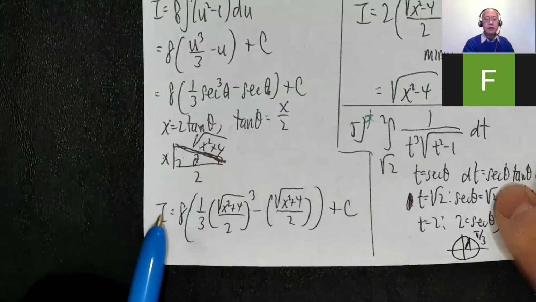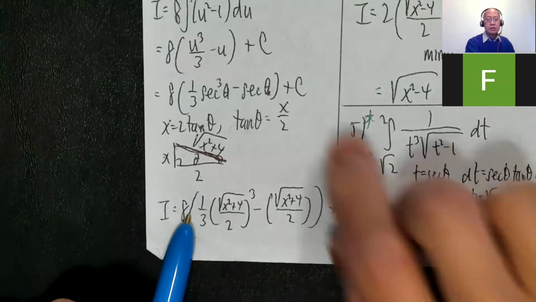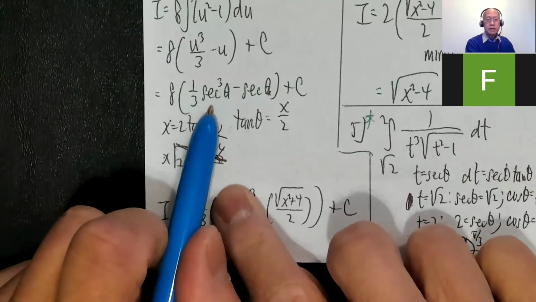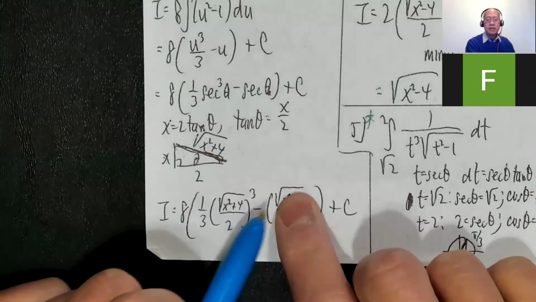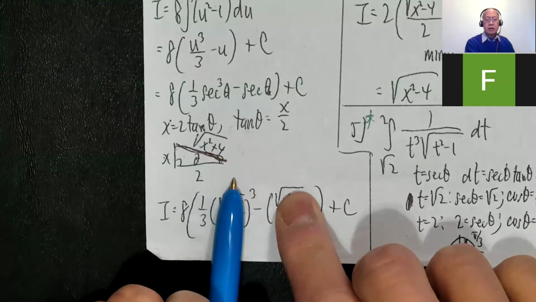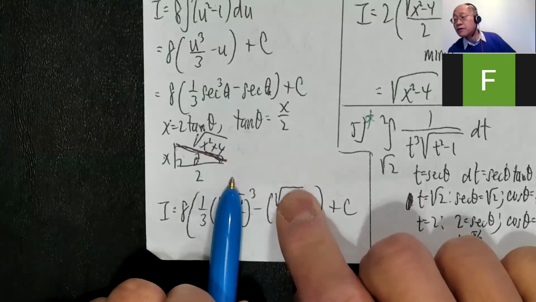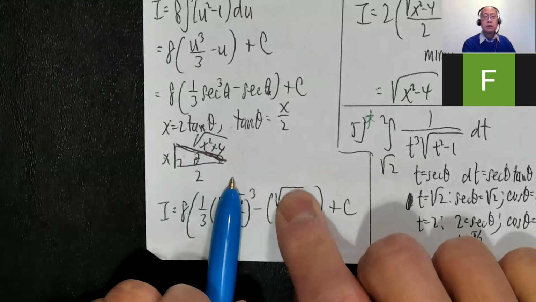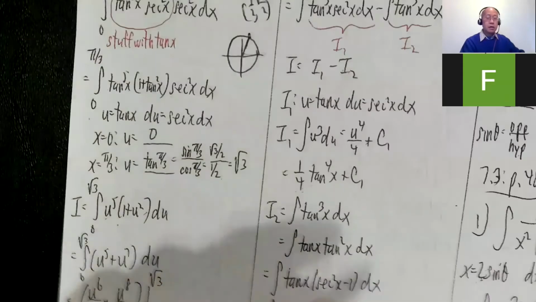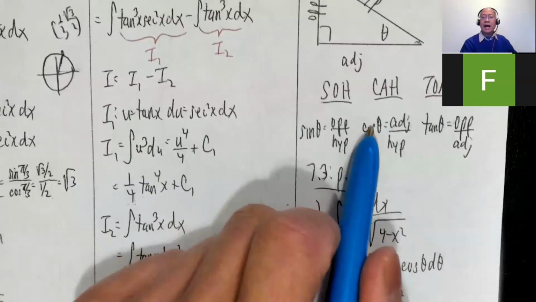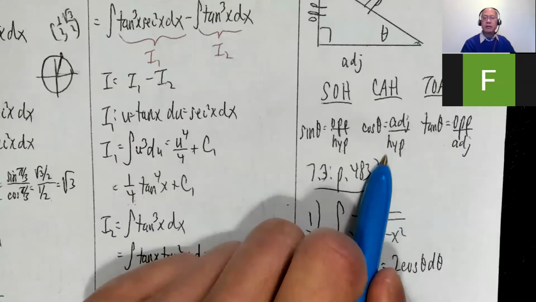Right, so now for the answer, 8 times 1/3 secant cubed minus secant plus c. Now secant is the reciprocal of the cosine. Cosine is adjacent over hypotenuse.